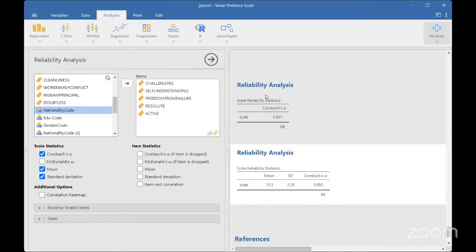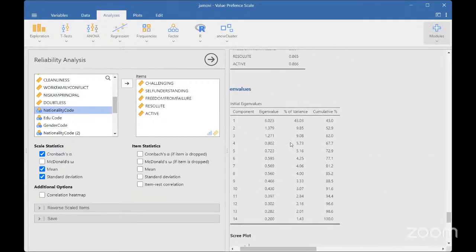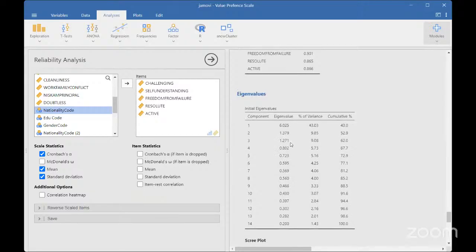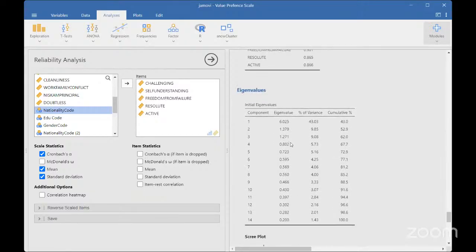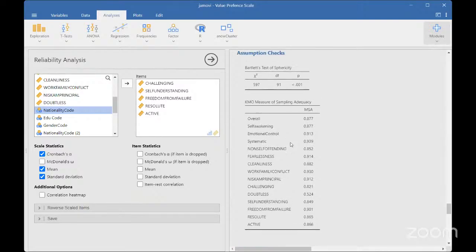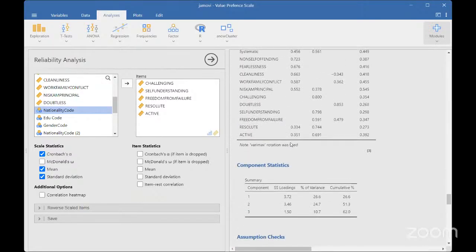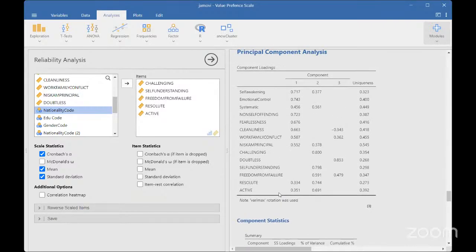Okay, whether the factor loadings are there, you go above, factor loadings are there. This is the eigenvalue. Eigenvalue not required. Factor loading. No, for challenging, 0.8, right?